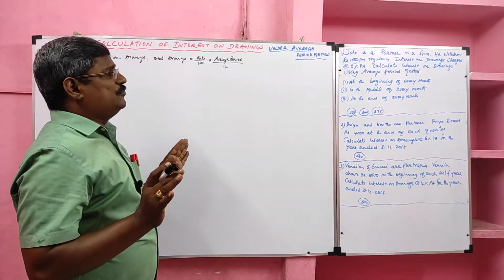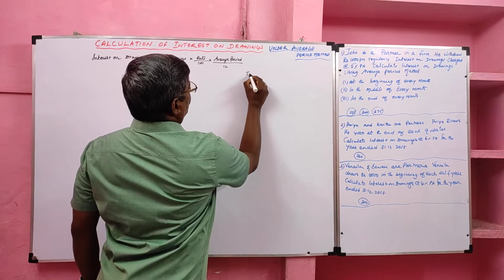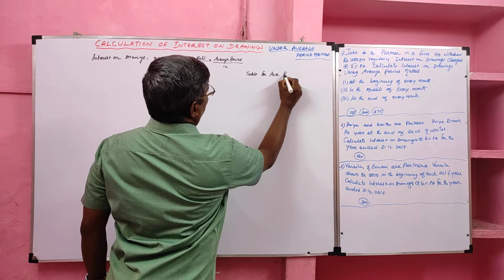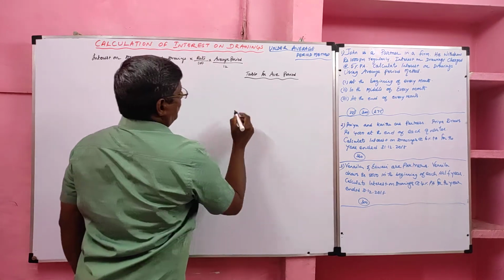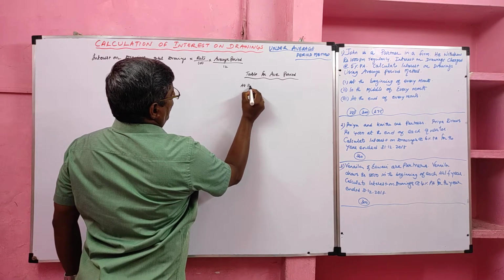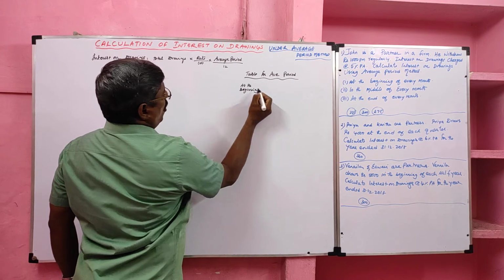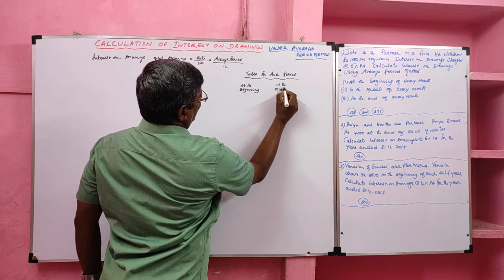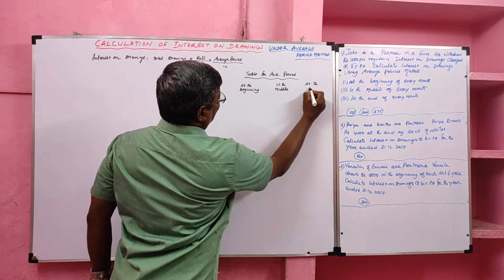I am going to give you a table for the average period. So now I am going to prepare the table for the average period. The drawing may be at the beginning, or in the middle, or at the end.